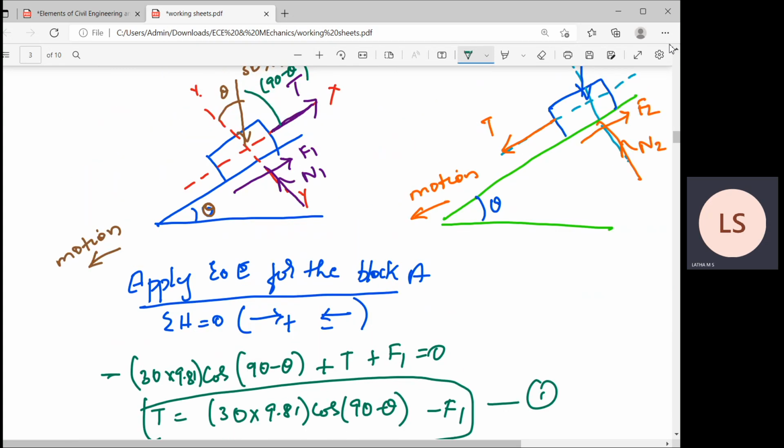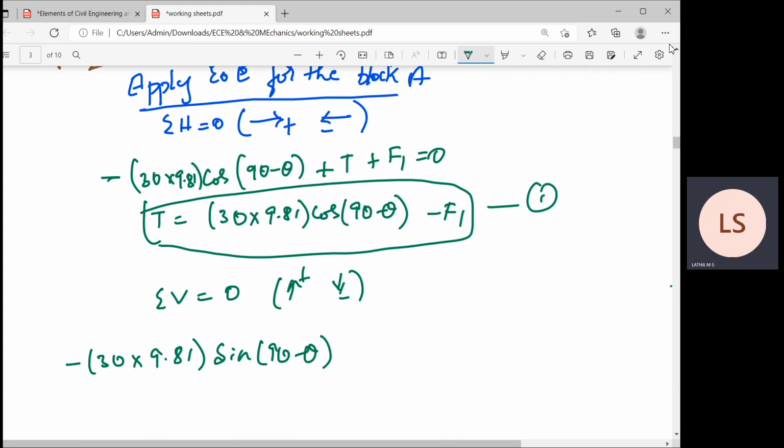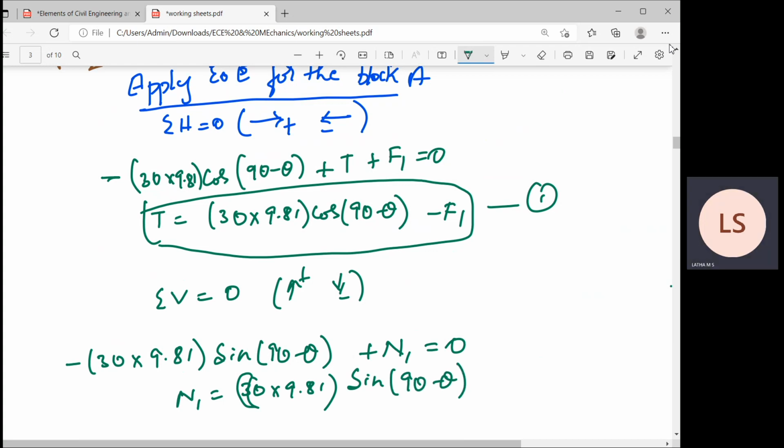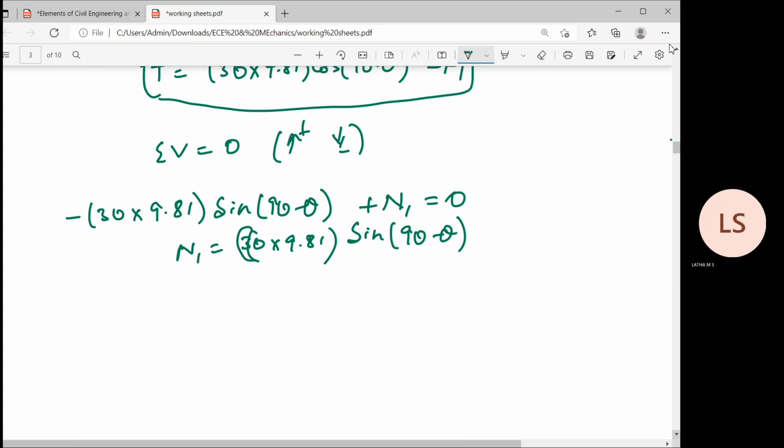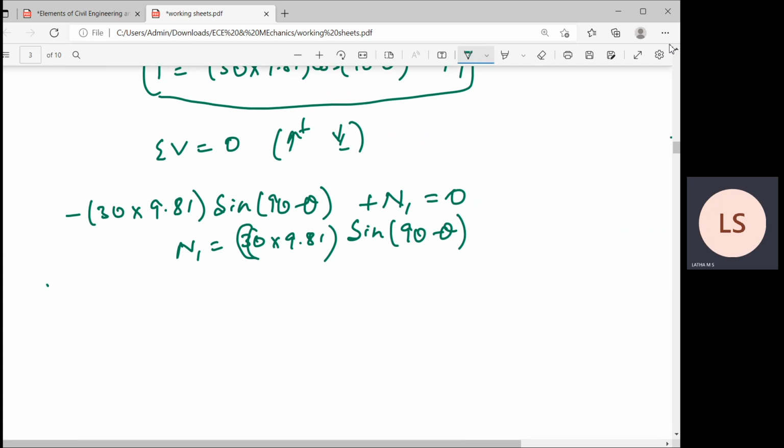Along vertical you find plus N1 equals 0, or N1 is equal to 30 into 9.81 into sine 90 minus theta.